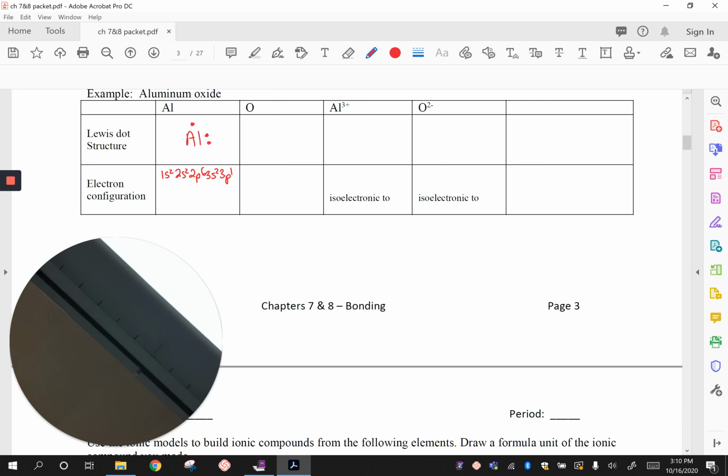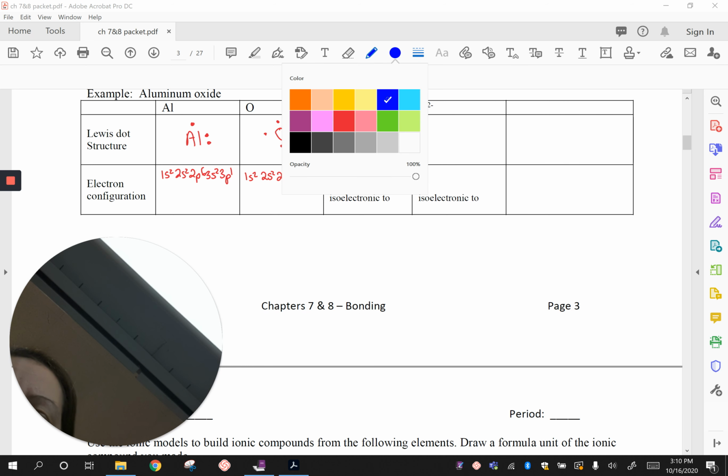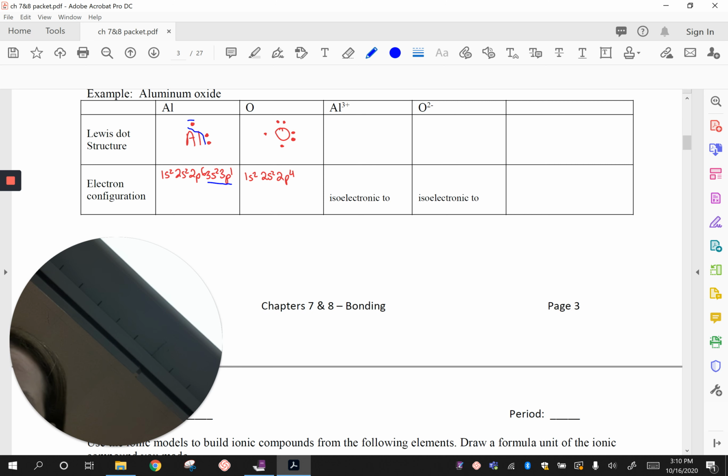Oxygen has 6 valence electrons, 1, 2, 3, 4, 5, 6. And its electron configuration is 1s2, 2s2, 2p4. So what's going to happen is the aluminum is going to get rid of these 3 electrons, these 3 right here, and it's going to become Al3+.